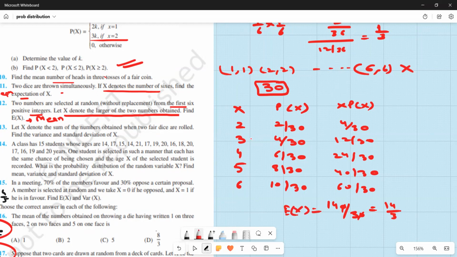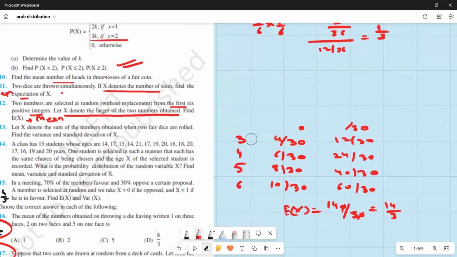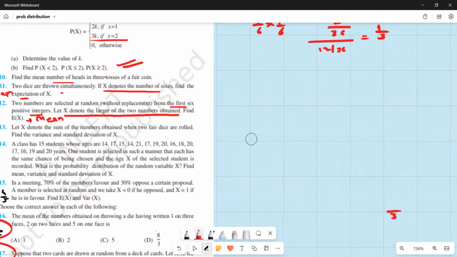Then in the next question, a class has 15 students. 15 students. So first x values are 14, 15, 16, 17, 18, 19, 20, 21.